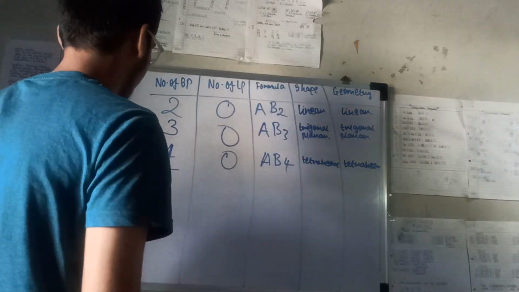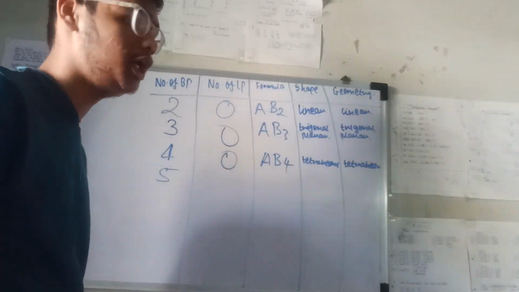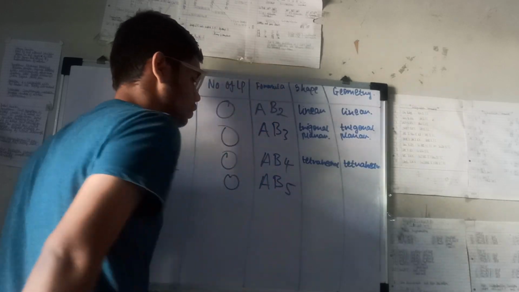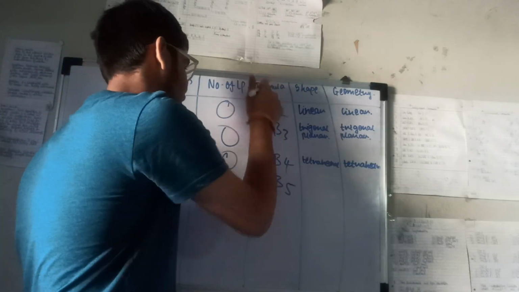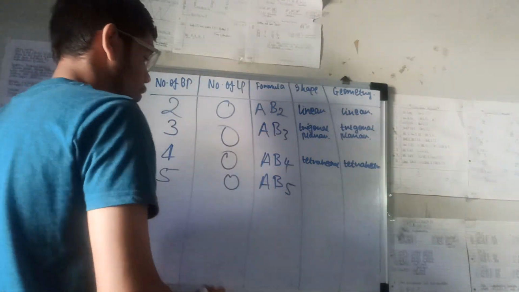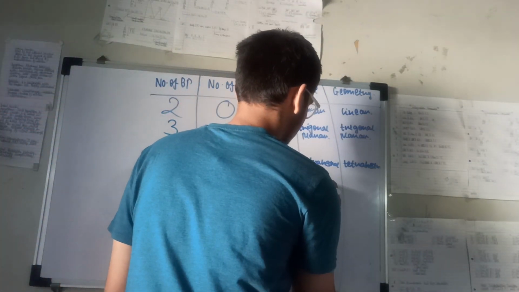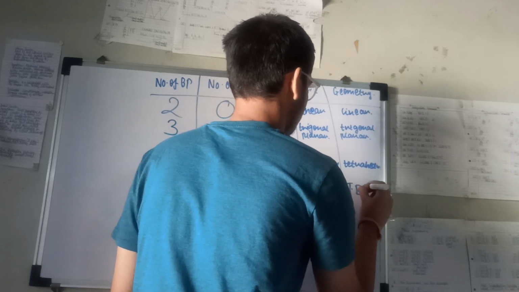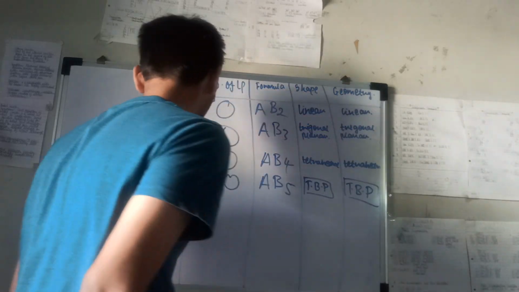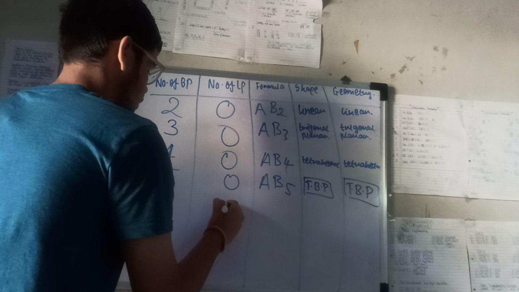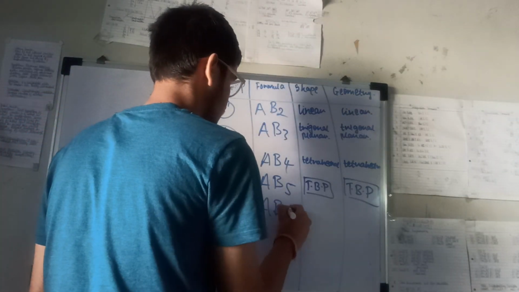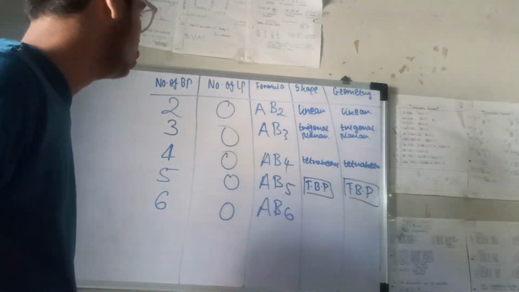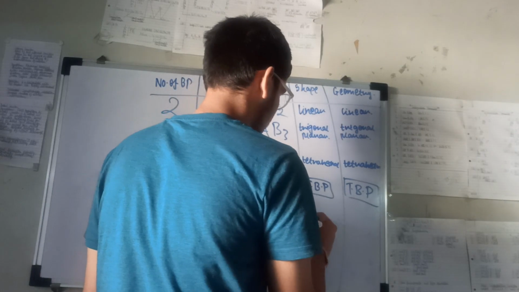If 5 bond pairs, that is sp3d, 0, AB5. General formula AB5, A is the central atom and B are side atoms. What will it be? TBP, trigonal bipyramidal, short form I am using. 6, 0, AB6, sp3d2, no lone pair, shape is equal to geometry.